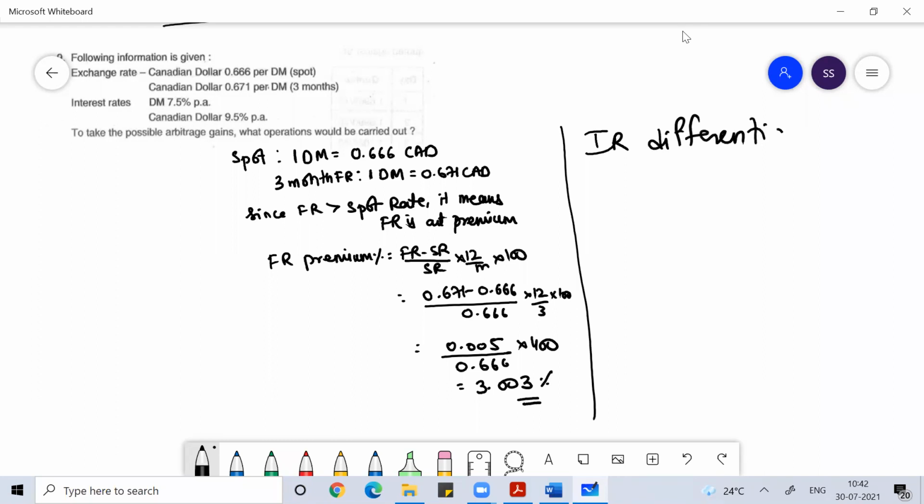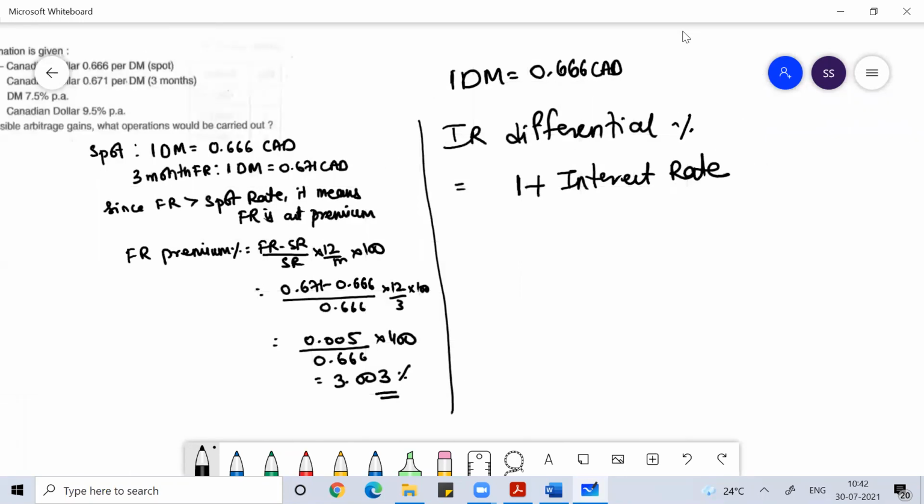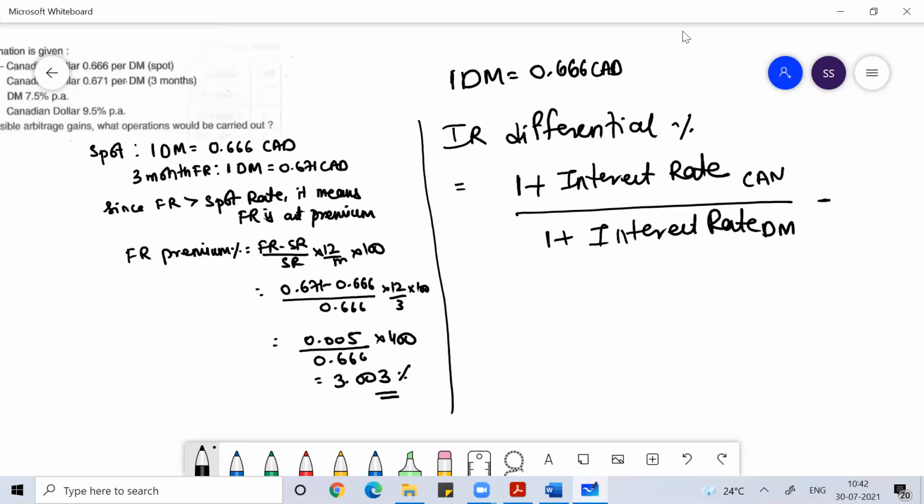To find it, you use the formula: 1 plus interest rate in Canada, divided by 1 plus interest rate in Germany, the Deutsche Mark, minus 1, into 100. That is the interest rate differential percentage.